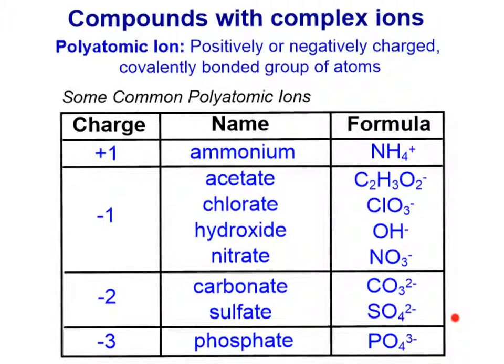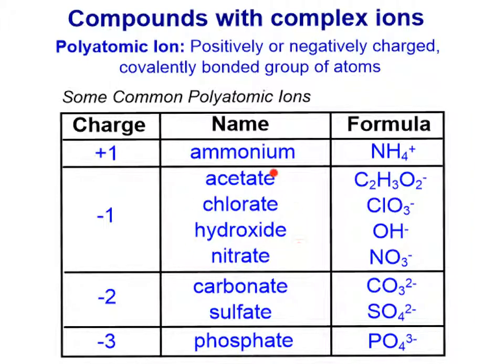Here's some examples of those. Some common polyatomic ions would be ammonium. It's a nitrogen with 4 hydrogens bonded together in a group. And we think of a polyatomic ion in terms of being one unit together. They go around with a +1 charge total, these 5 atoms, and they remain together and intact, and we think of them as one unit together.